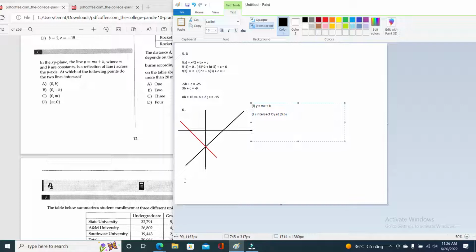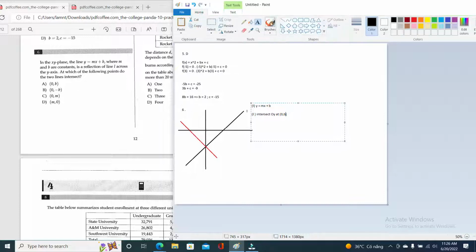We're going to call the reflection line L prime.